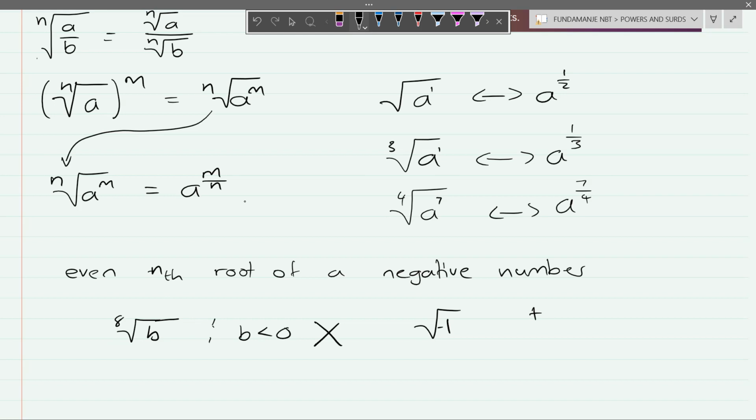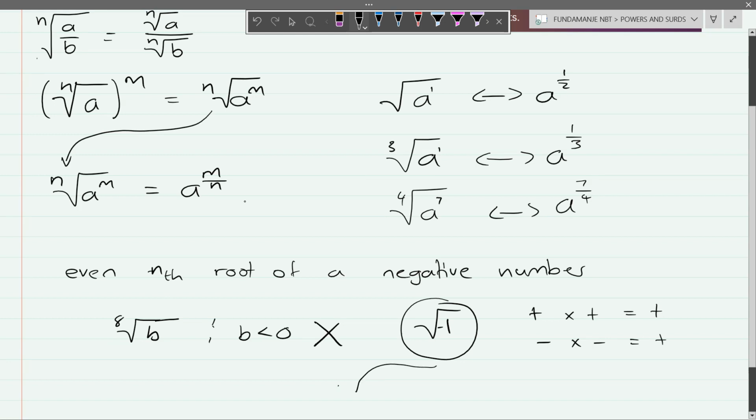If you multiply positive times positive, you always get positive. If you multiply negative times negative, you always get positive. So answering this question is out of the scope of grade 12 and NPTs, and it's not something that you will be examined on.